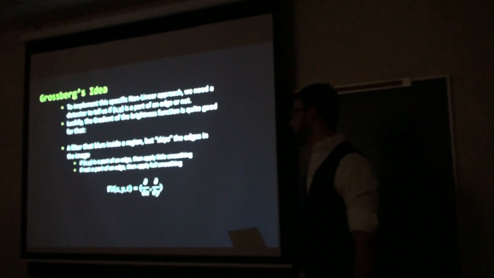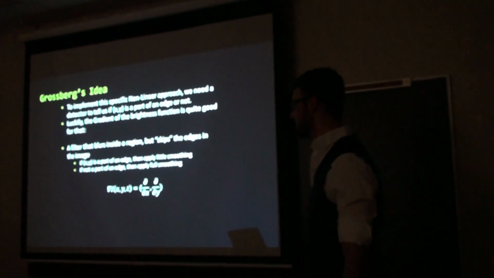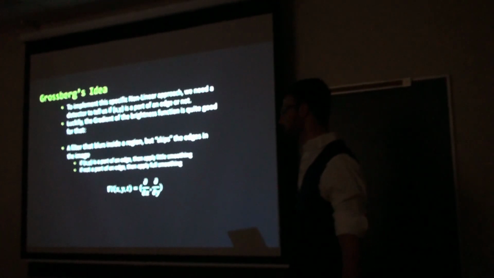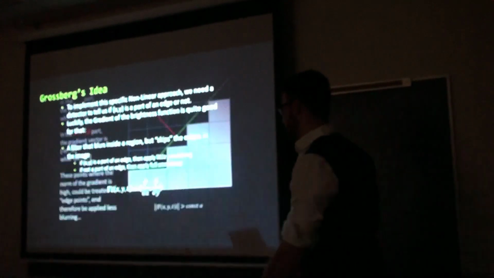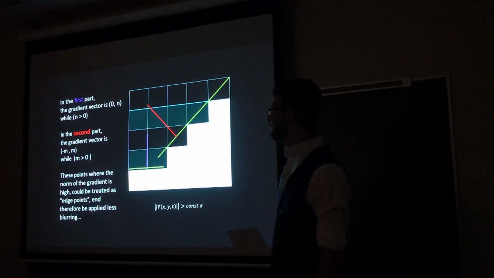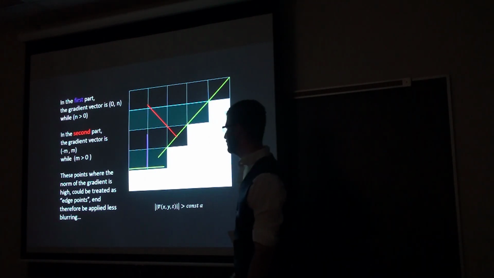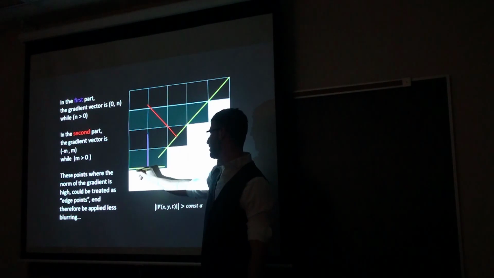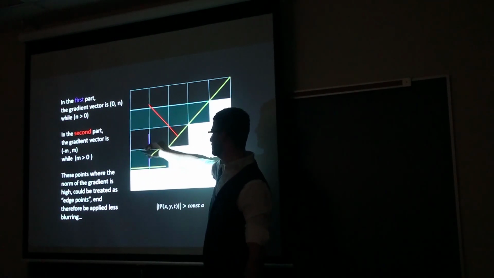We want a filter that blurs the inside of the region but skips the edges in the image. So basically, if x and y is part of the edge, then apply very little smoothing. If it's not part of the edge, then apply full smoothing, right? Reminder of what the gradient is. As you can see here, this is the gradient, and this is normal to the gradient.